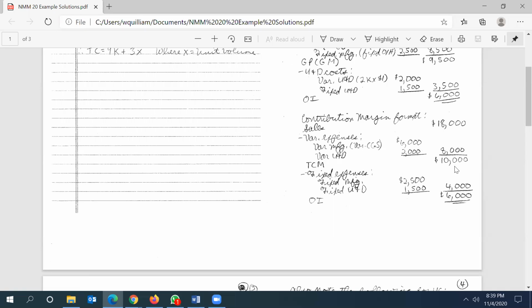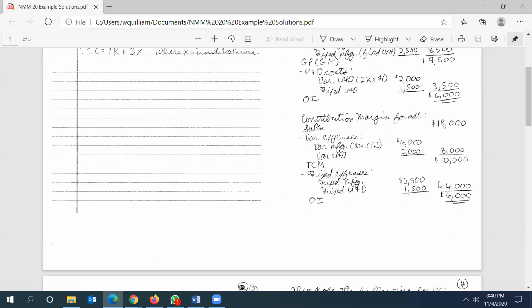If I subtract that, I get a figure called total contribution margin. Now, the other thing I do is to subtract the other way costs behave, which is as fixed costs. So fixed manufacturing, $2,500, fixed upstream and downstream, $1,500. Again, the same numbers I had on the previous income statement. 4,000 bucks that is of total fixed. That gives me operating income of $6,000. That number looks familiar too.